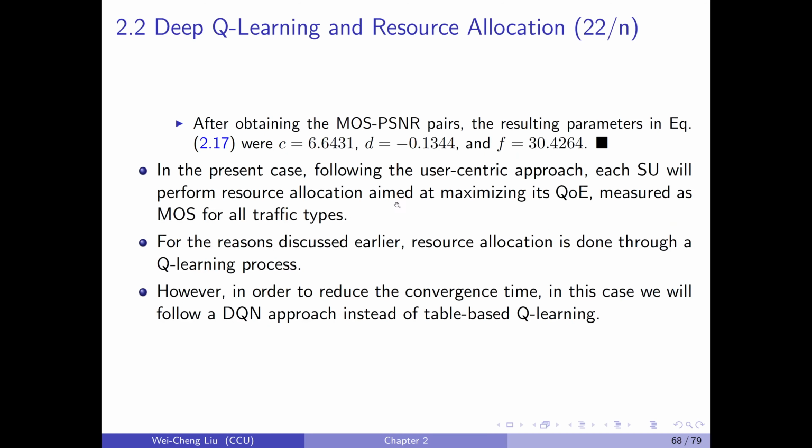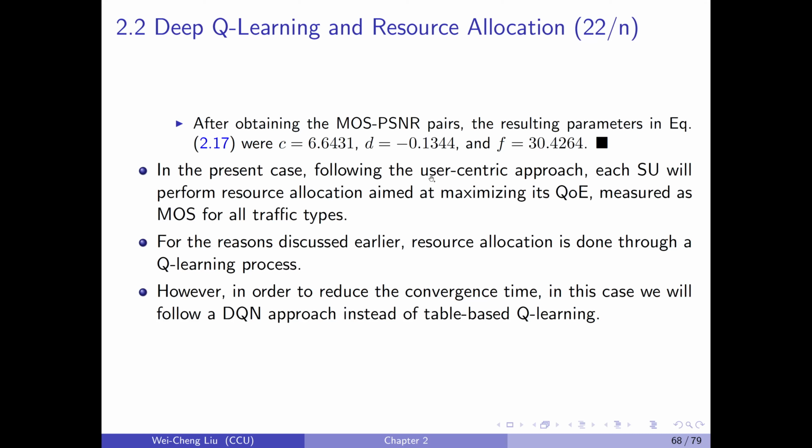Go back. Where C is equal to 6.6431, D is equal to negative 0.1344, and F is equal to 30.4264.